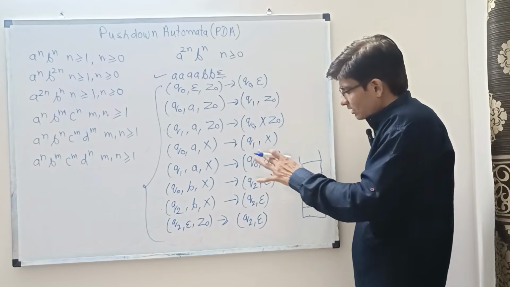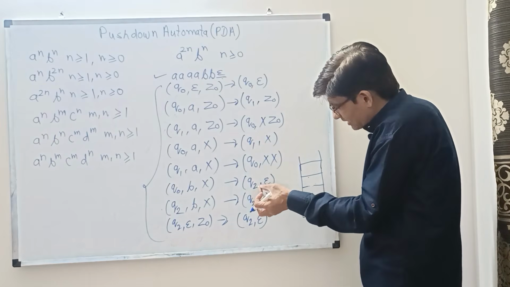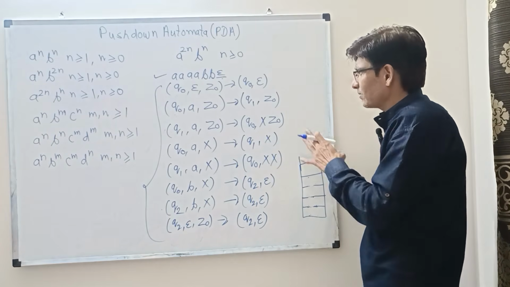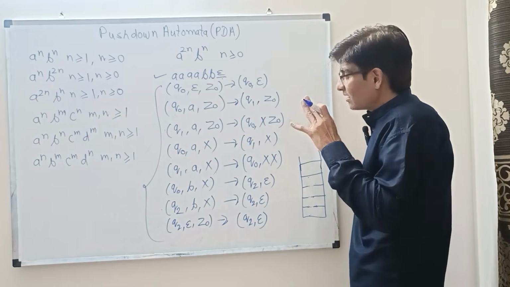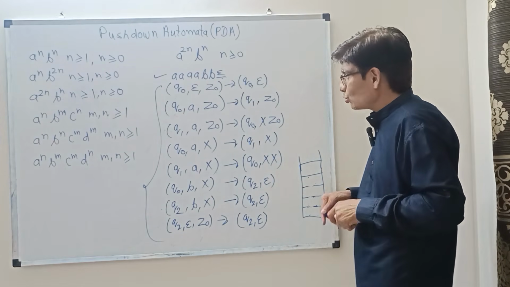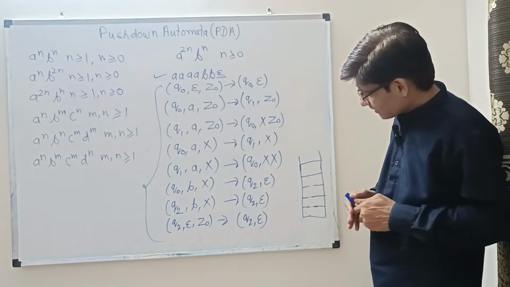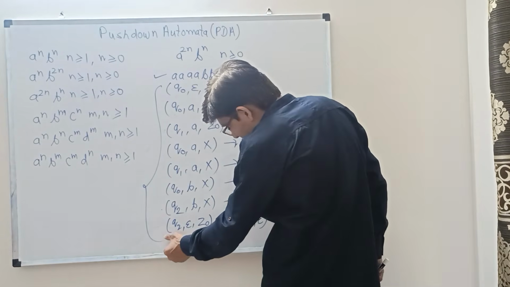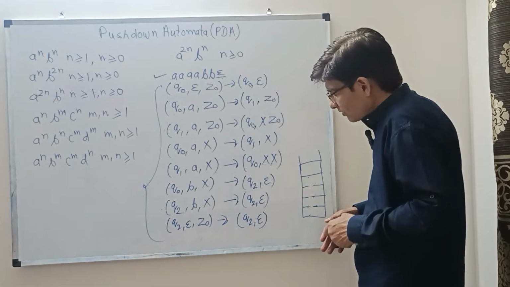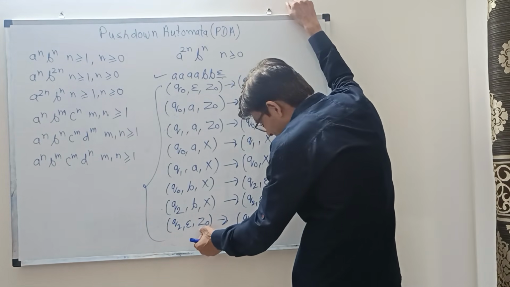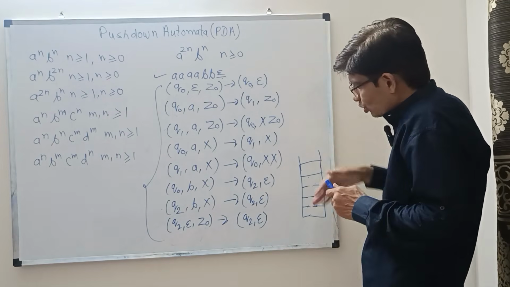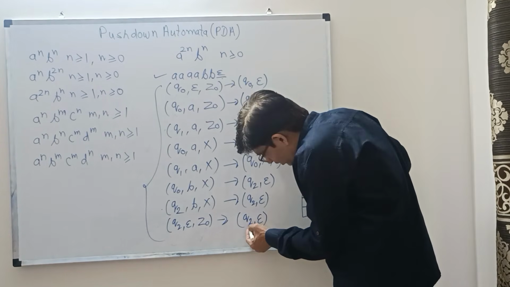I will make a little change in this particular PDA and it will be converted into a PDA accepting strings by reaching final state. Now you can see this last rule, when we are popping Z0, we are staying on Q2.